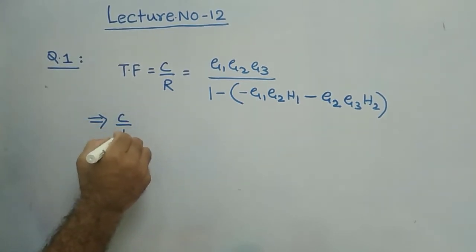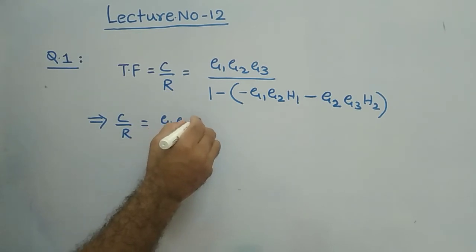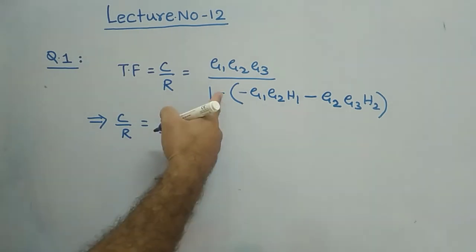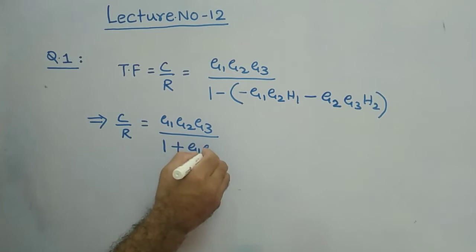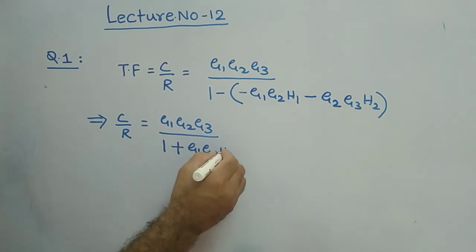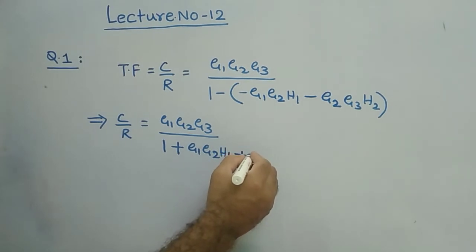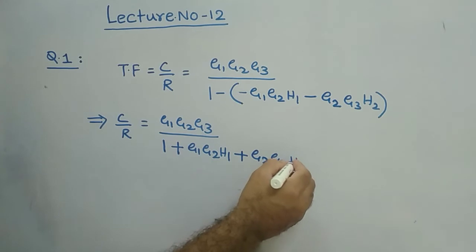So C by R is equal to G1, G2, G3 by 1 minus of minus plus, therefore plus G1, G2, H1, minus of minus plus again plus G2, G3, H2.